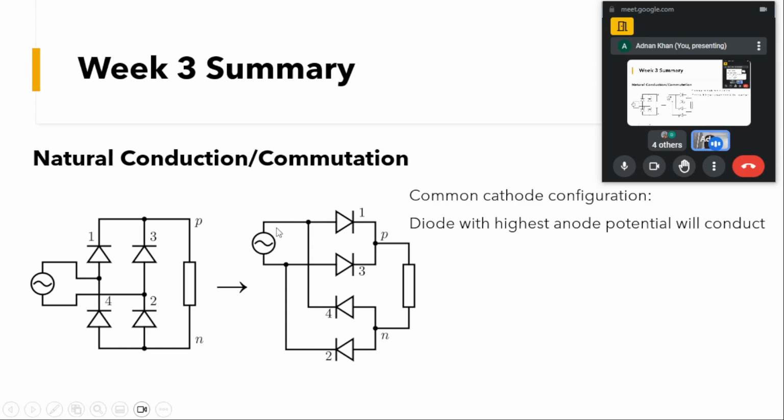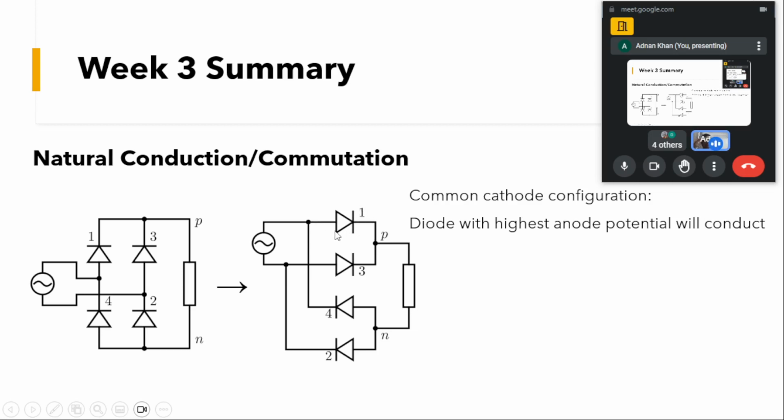Let us say this is a single phase source. Its one terminal is connected to diode 1 and the other terminal is connected to diode 3. So let us say some single phase voltage is applied across this 1 and 3. When there is a positive half, the positive part will be applied across this diode.